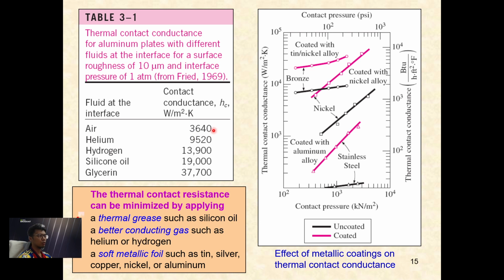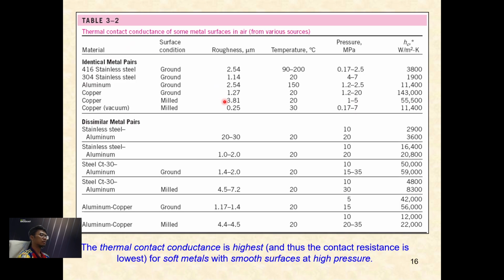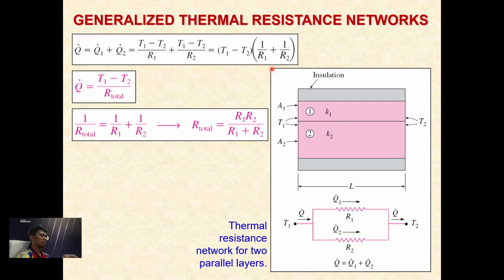If you fill it with helium, the conduction improves slightly, but when you replace the gap with water or helium with hydrogen, conduction is much better. It is even better with silicon oil or glycerin. Right, this is all the study of thermal contact conduction. We will not go further with that, no problem.